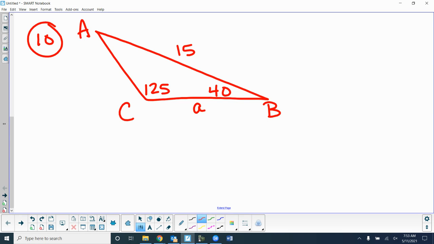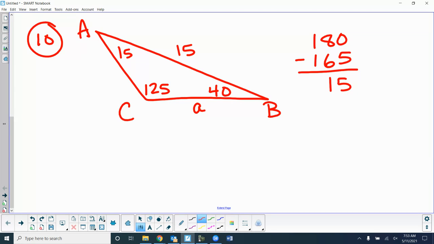So the first thing I have to do is get angle A. So how do I get angle A? Add them and subtract from 180. We know that the three angles of a triangle add to 180, right? So 125 and 40 is 165. So I'm going to go 180 minus 165 for angle A, which is 15 degrees.